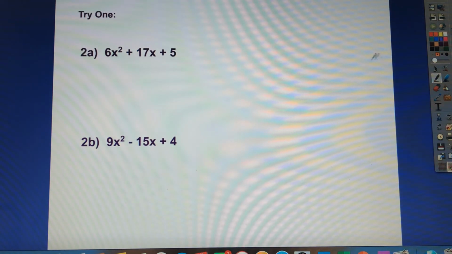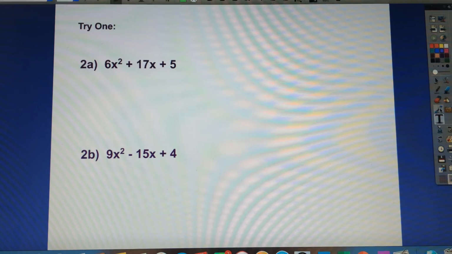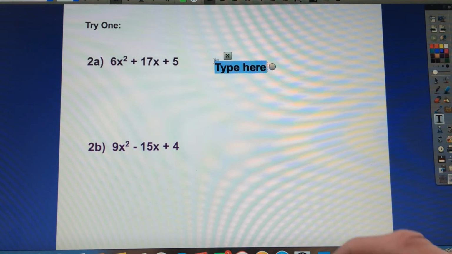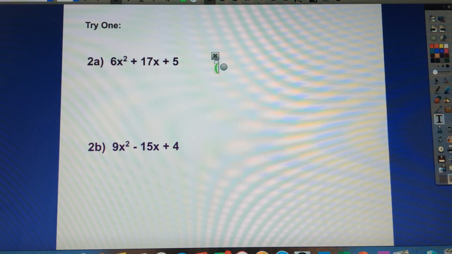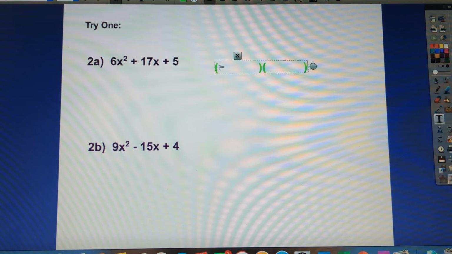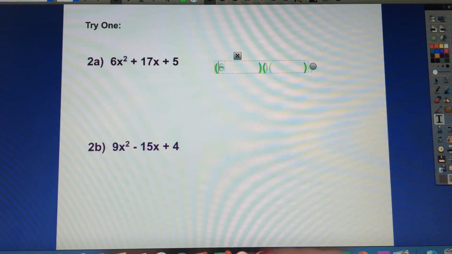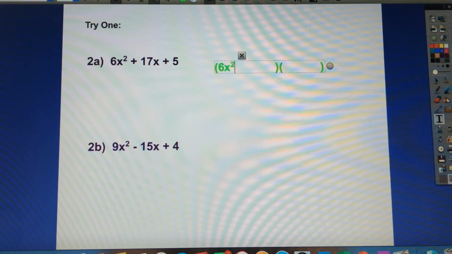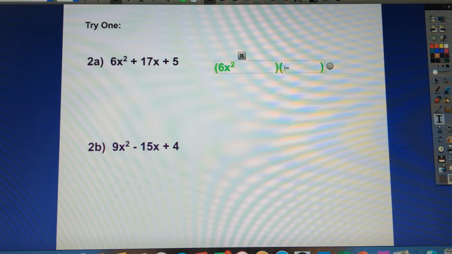So let's try one. I know that I'm going to try to write on here at the same time as I'm talking to you. I like to start it by putting in my parentheses. I just put them in to start. And I know that my very first term here is going to be 6x squared. My last term is going to be plus 5.